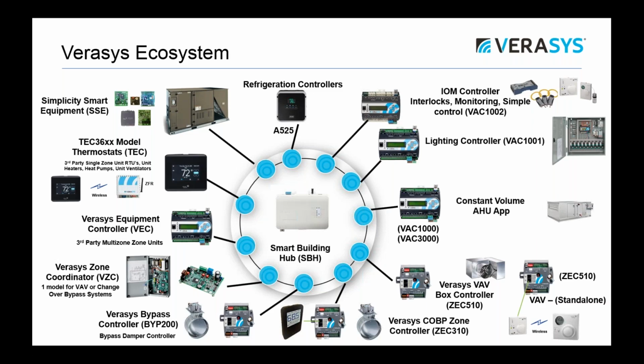We actually have a constant volume app that you can download from verasyscontrols.com and put on a USB stick, plug it into this VAC 1000 or 3000, and one just has more I/O than the other. You boot it up, and you've got a constant volume app, and you configure it through your phone.